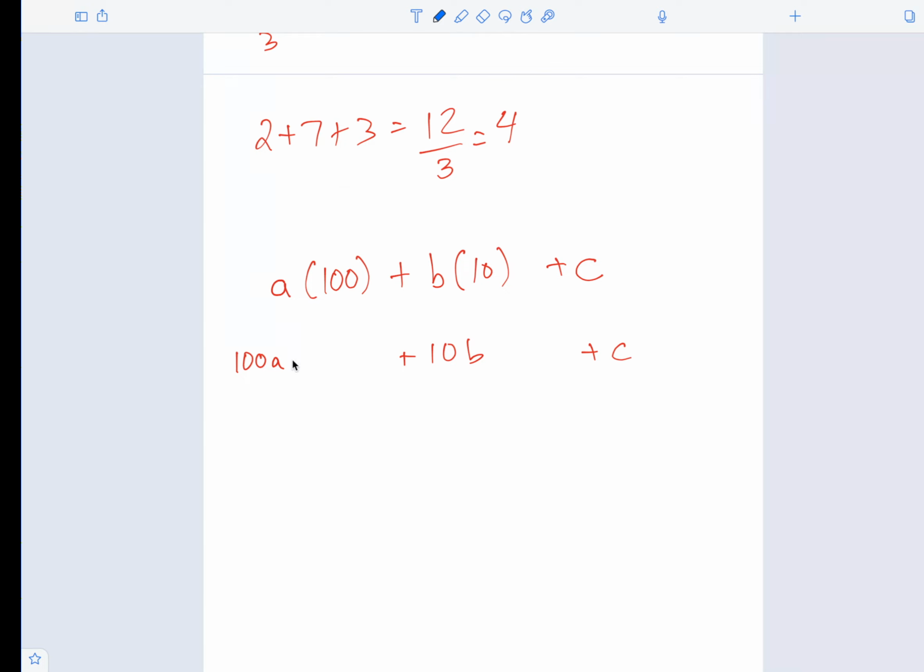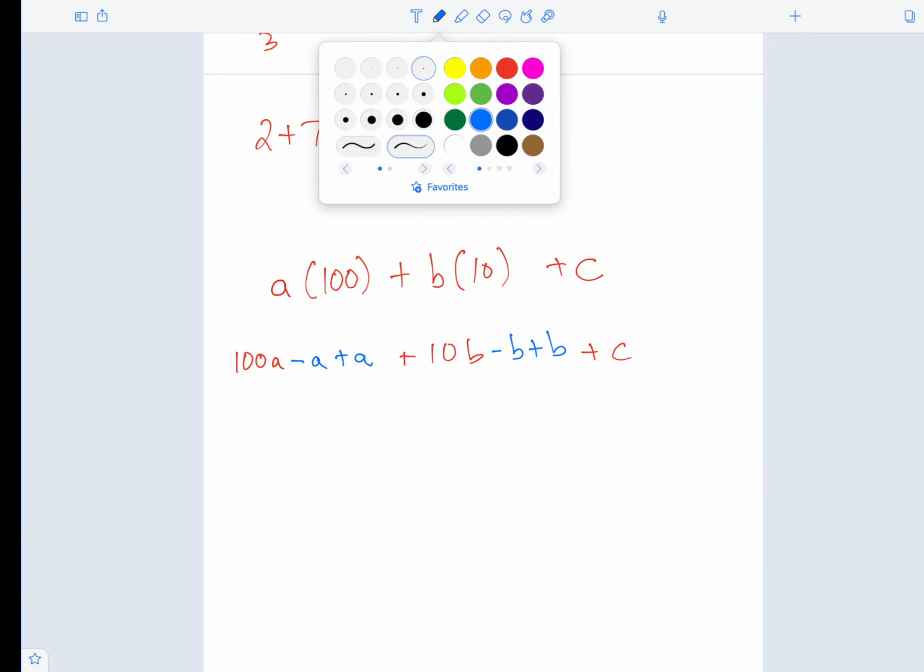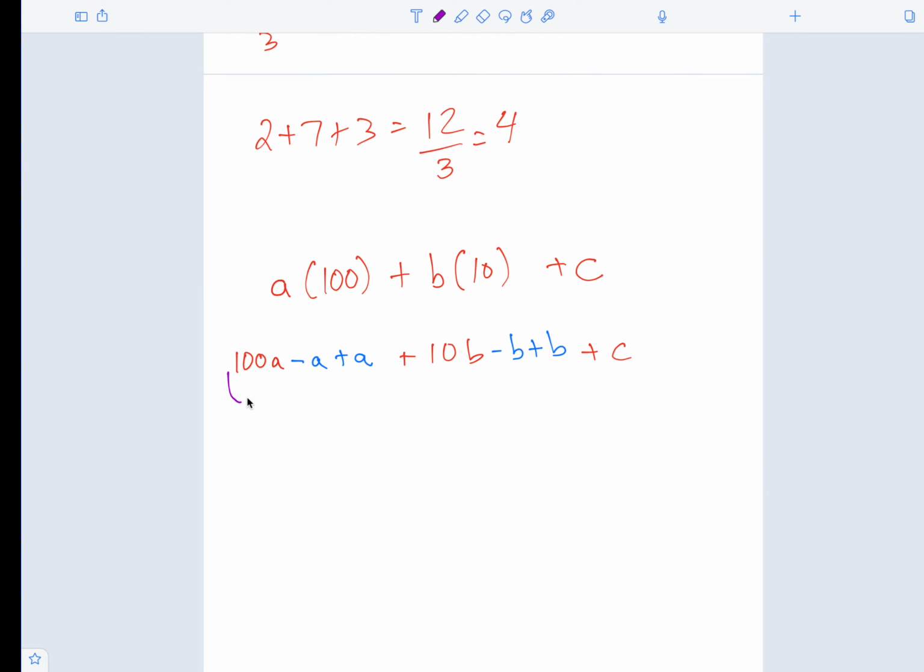So we can subtract A and then add A, because that's 0. And I can do the same thing over here: subtract B and then add B, because it's 0. You might wonder, that's true, but why are you doing that? What's the benefit?